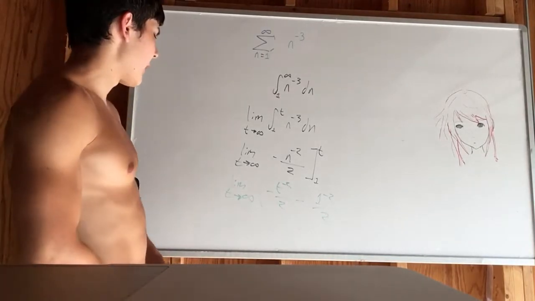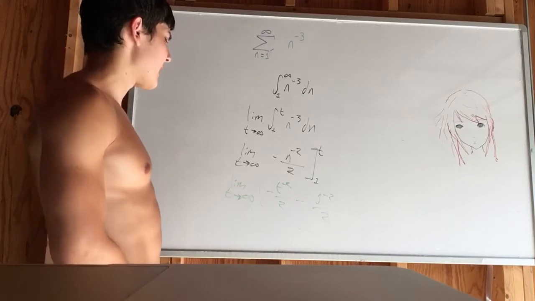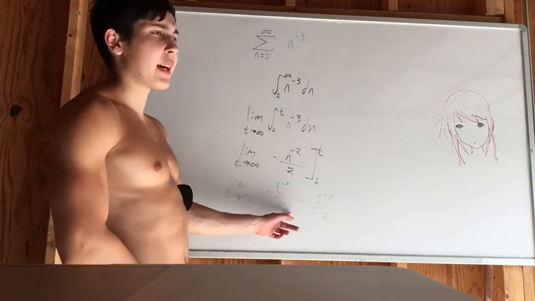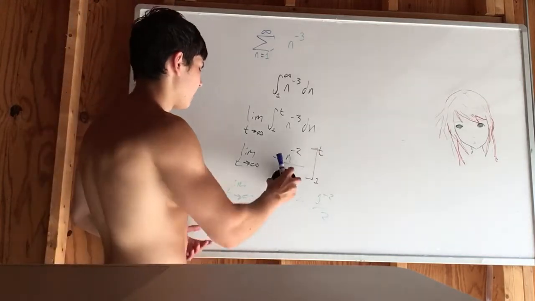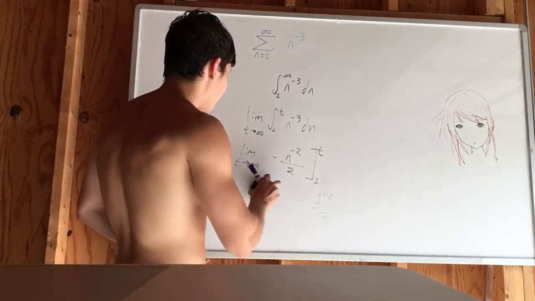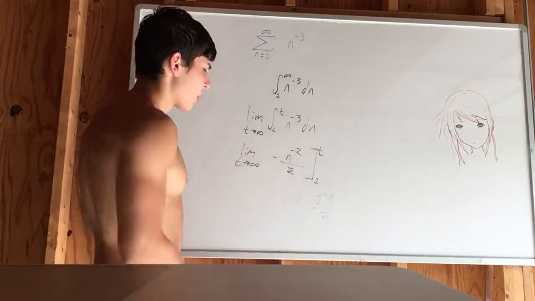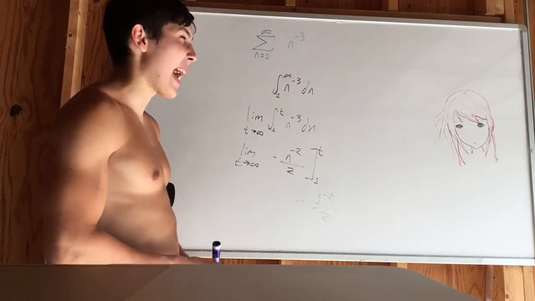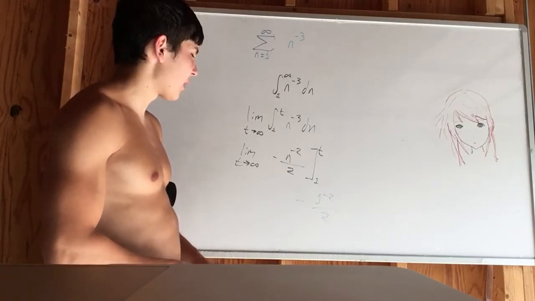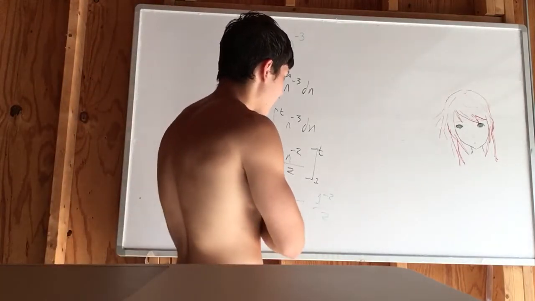So with this situation here, we've got a negative exponent with that t. That means the t is down here. And we're plugging in infinity, so that's going to 0. This is going to 0. And so we're left with negative 1/2, because this is taken to the power of negative 2.